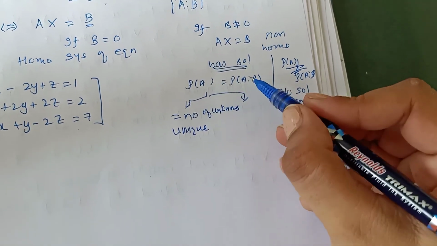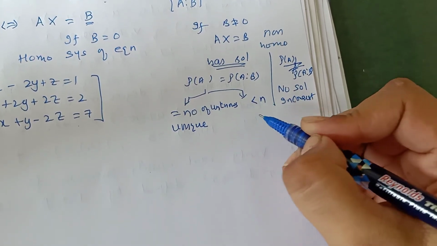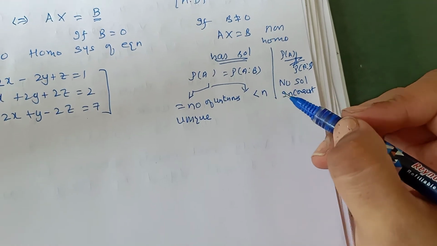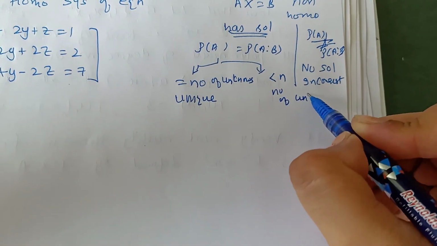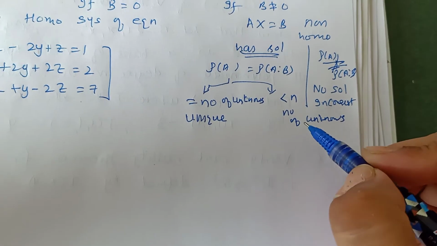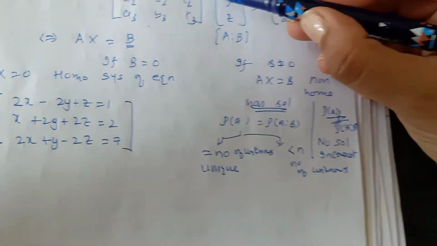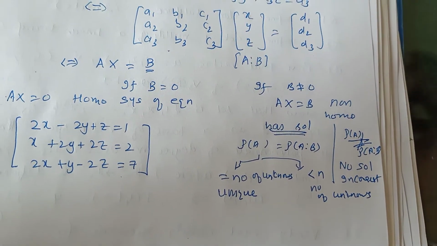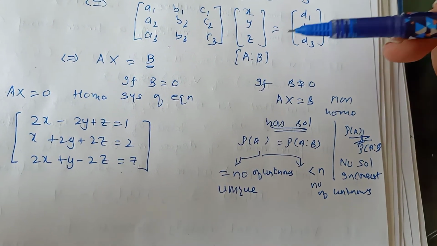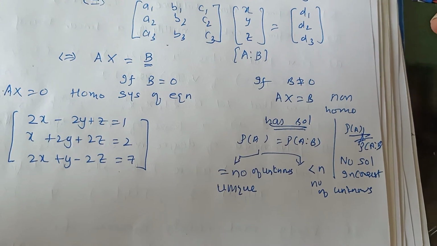Further, if the ranks are equal and the rank is less than n, the number of unknowns again. So can this rank be greater than n? This system has 3 rows and at maximum A augmented B will have 4 columns. So its rank will always be less than or equal to 3.